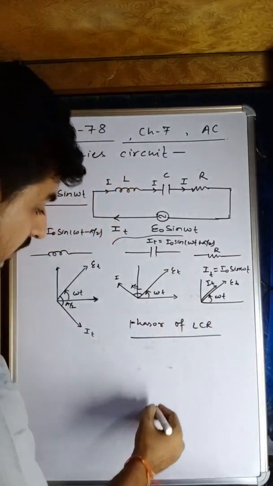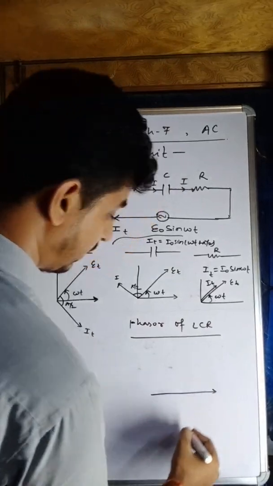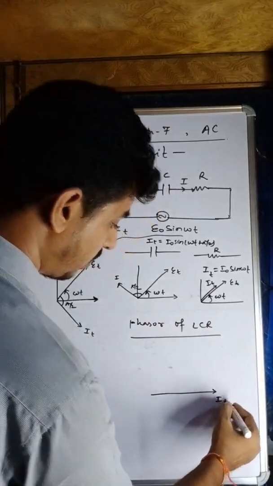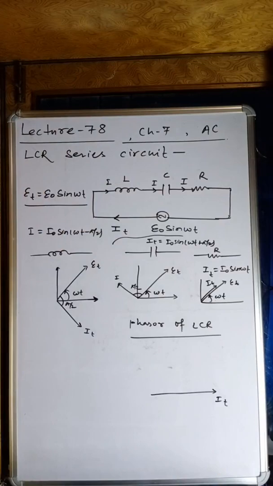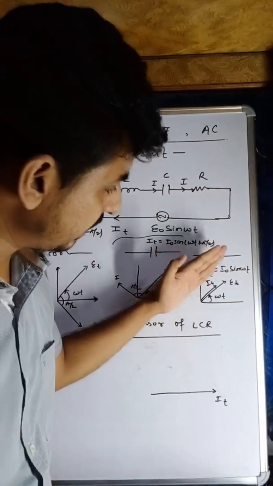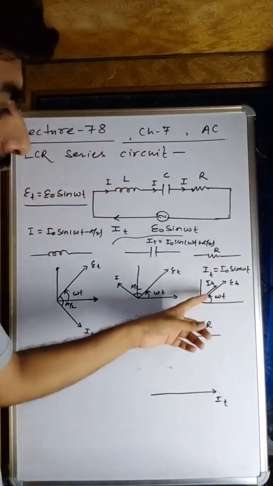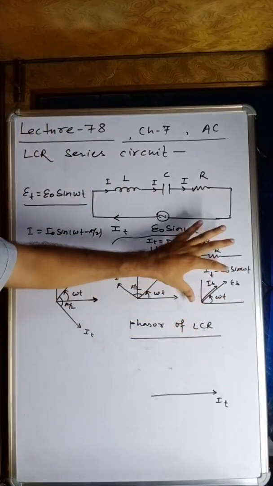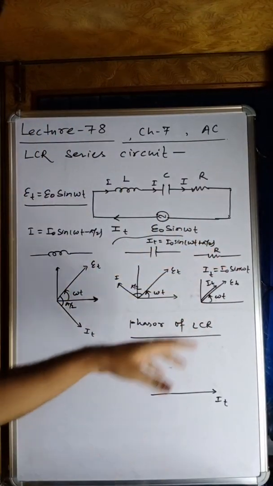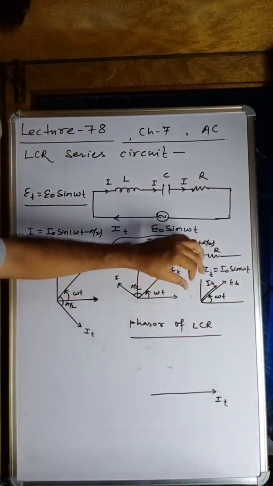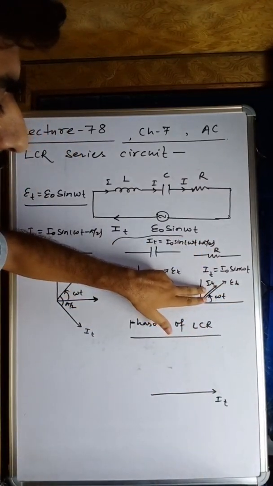How does it look? Suppose this is the current I t. If you rotate the current along the x-axis, it means you are rotating by omega t. But in case of the voltage across the resistor, what will happen? It will move with the current.